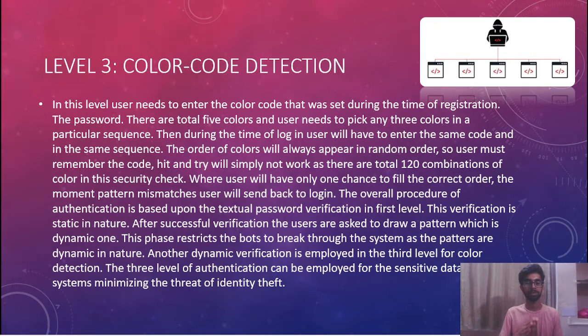The pattern being dynamic in nature restricts paths to break through the system. Another dynamic verification is employed in the third level of color detection. The 3 levels of authentication can be employed for sensitive data access systems, minimizing the threat of identity theft.